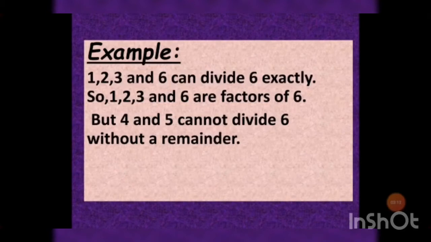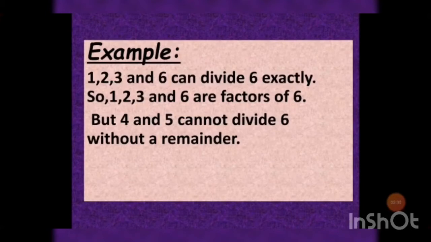Same thing with number 2. If you divide number 6 by 2, it gives you 3. And if you divide number 6 by 3, it gives you 2. Nothing is remaining. Okay? So that means that these numbers 1, 2, 3, and 6 are factors of 6.